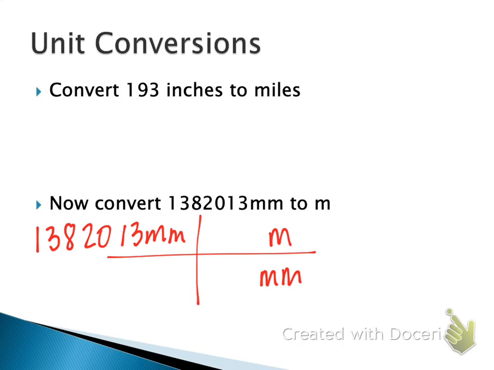To go from millimeters to meters, do I need to stop at centimeters along the way? No. We already know exactly how many millimeters are in a meter. If we have a direct conversion, use that. Okay? So I know that 1 meter is 1,000 millimeters. So all I do is divide by 1,000. That's it.